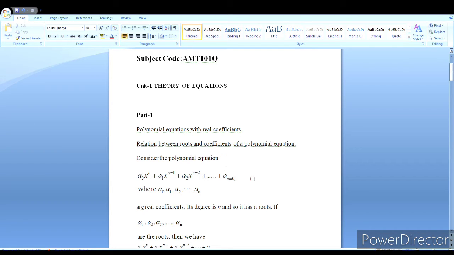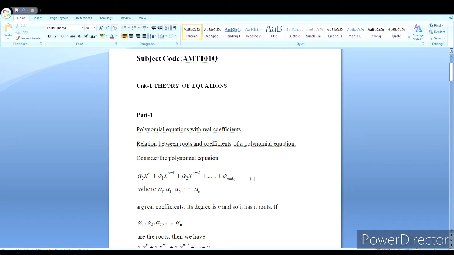Consider the polynomial equation a0 x power n plus a1 x power n minus 1 plus a2 x power n minus 2 plus etc. plus an equal to 0, where a0, a1, a2, etc., an are real coefficients. Its degree is n and so it has n roots.